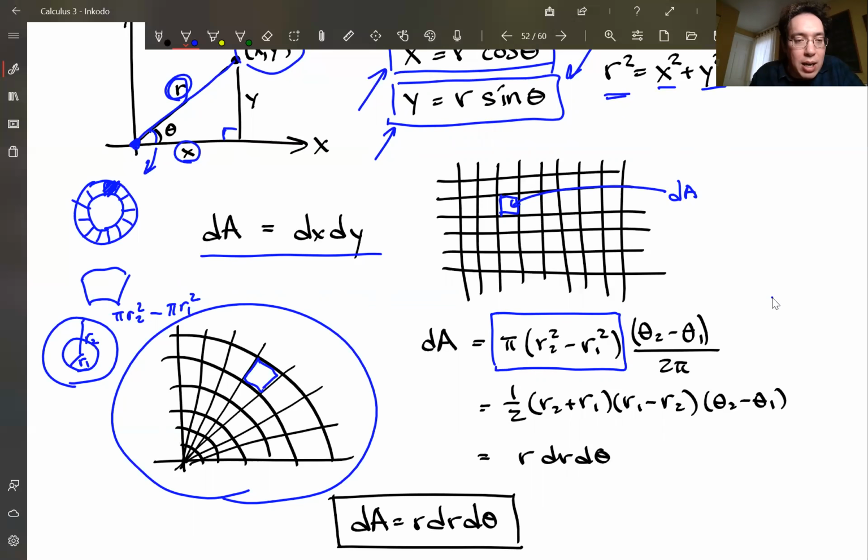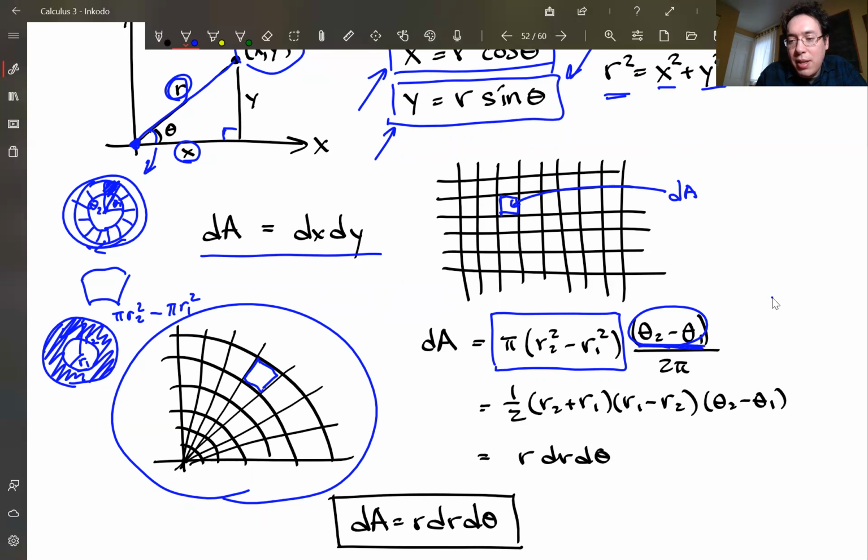Then we're taking the angle that's 2 pi radians around and chopping that up into lots of pieces. So far, we've computed the area for the full 2 pi radians. So we look at the difference in the angles, angle theta 1 and angle theta 2.